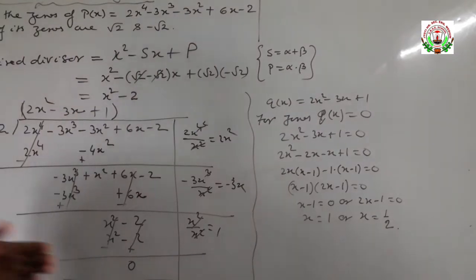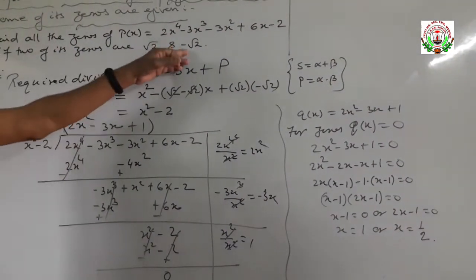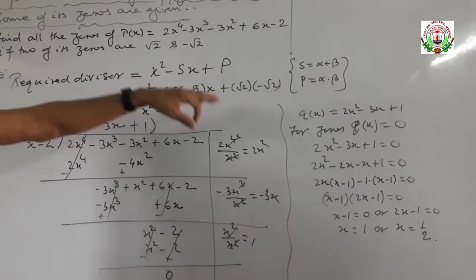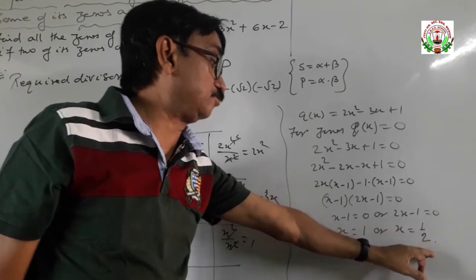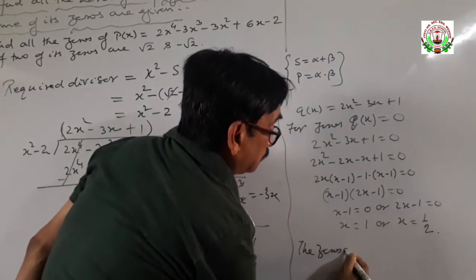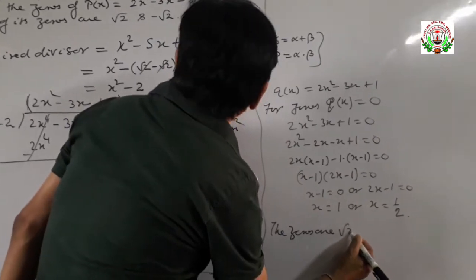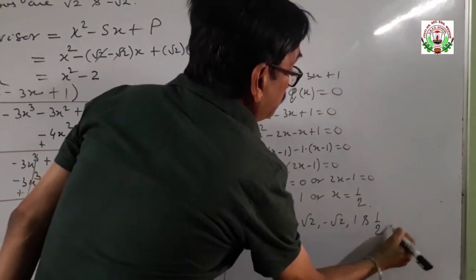So the two zeros which were given in the question were root 2 and minus root 2, and the rest of the two zeros, as we have calculated here, are 1 and 1 by 2. So all the zeros are root 2, minus root 2, 1 and 1 by 2.